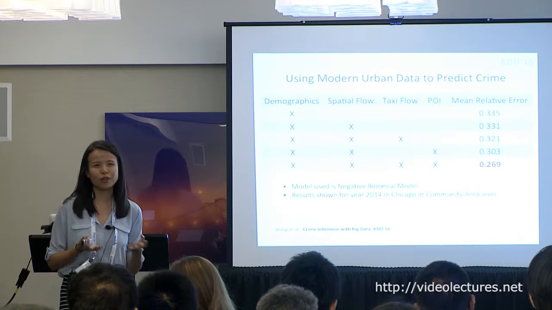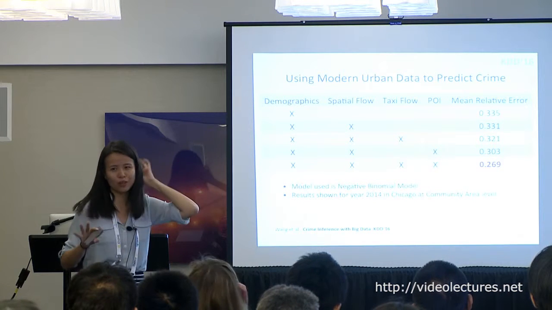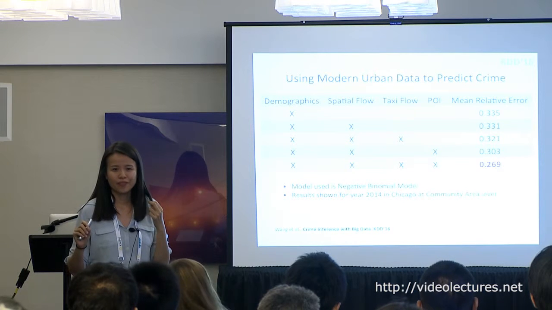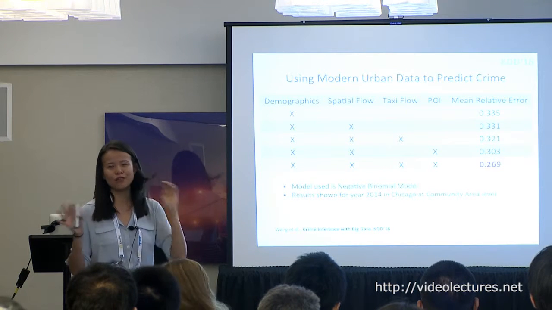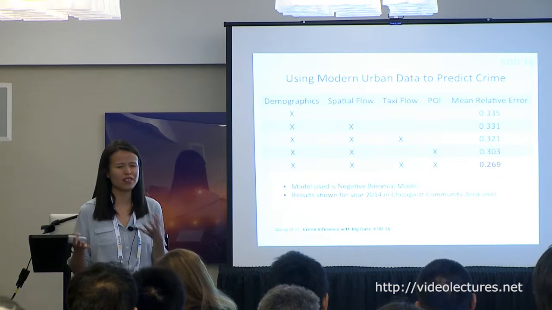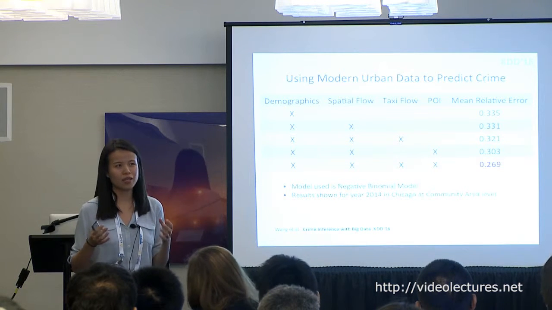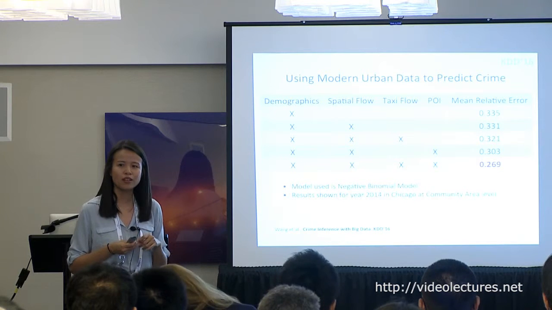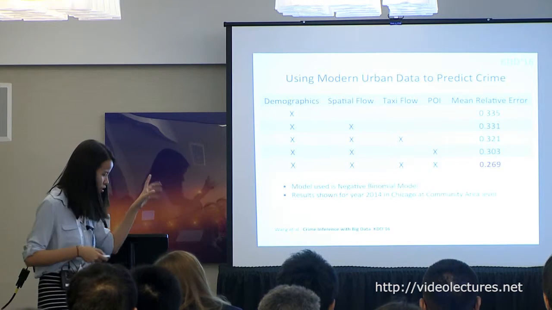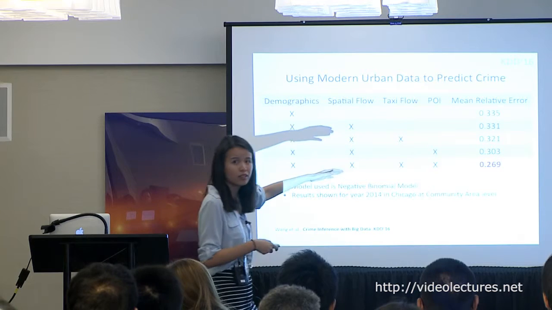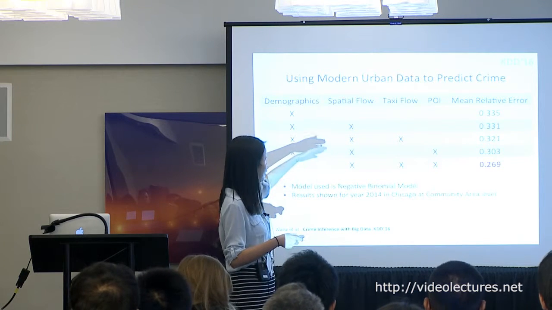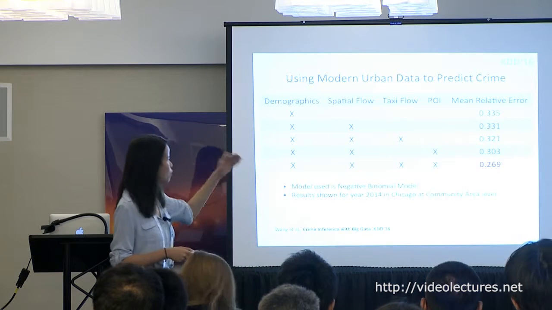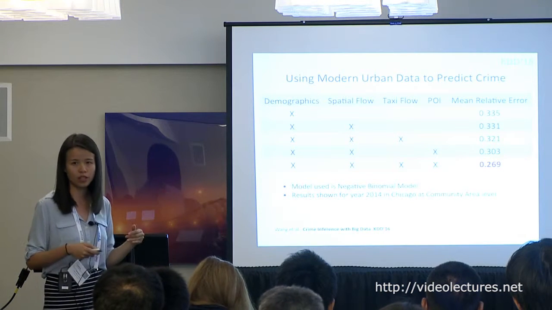If you use demographic data, you already achieve pretty reasonable performance. Because the two are correlated. Exactly. These two pieces of information are quite correlated, so it's a little bit redundant, because the nearby locations probably have similar demographics as well. But the POI information and the taxi data are not redundant, and they really improve the performance on top of each other.